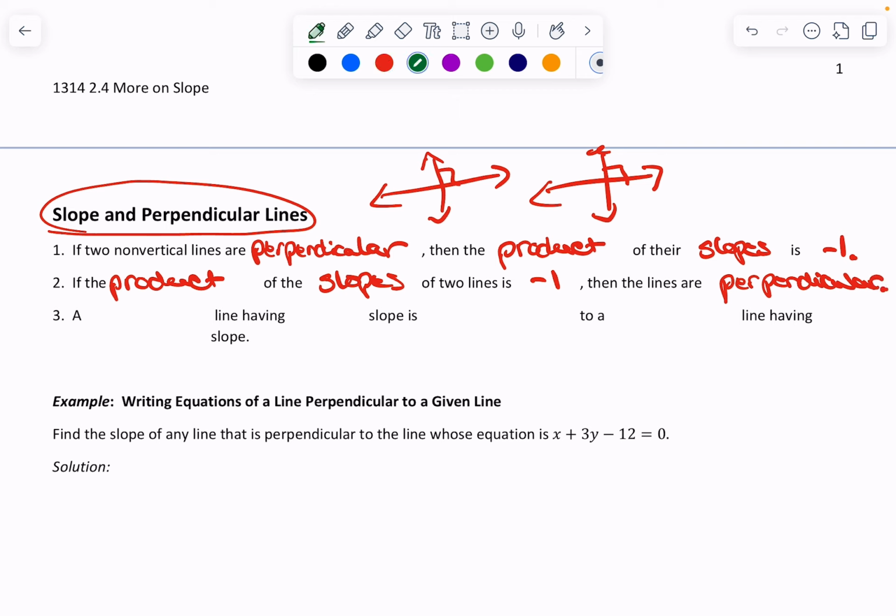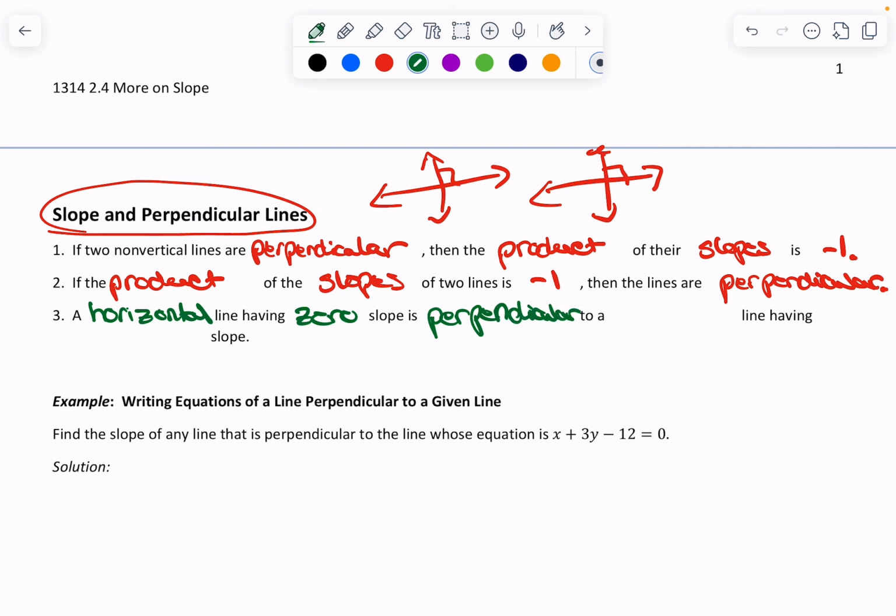Now, a horizontal line having 0 slope is perpendicular to a vertical line.